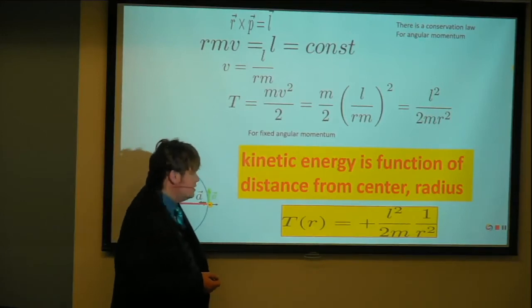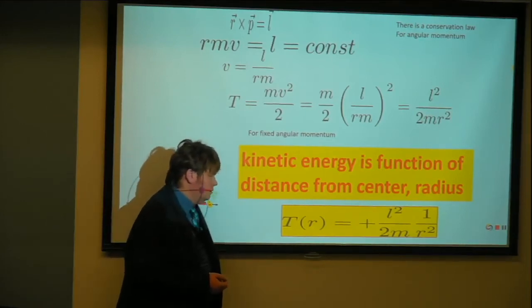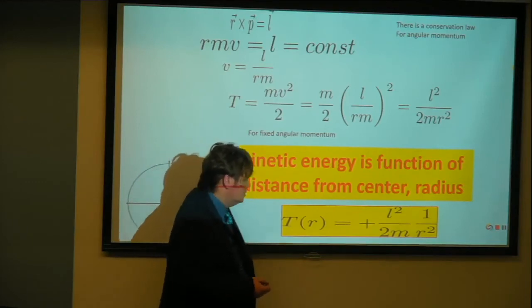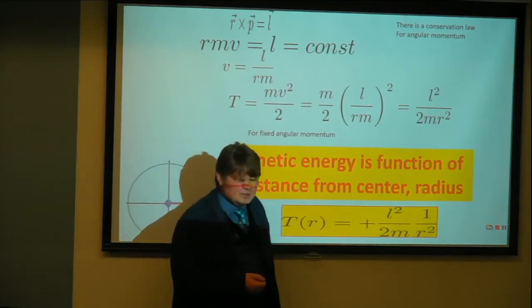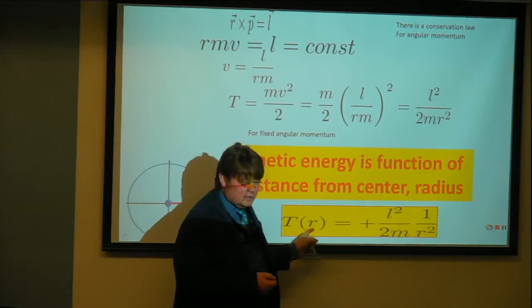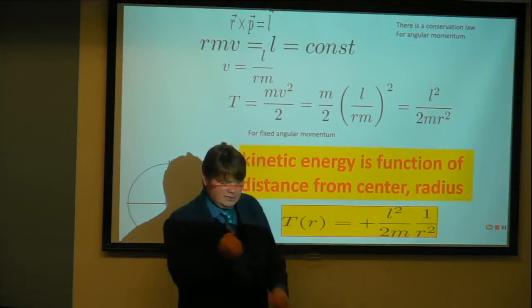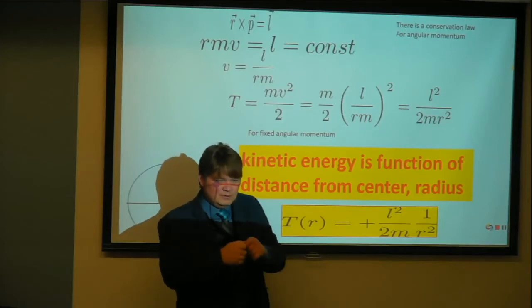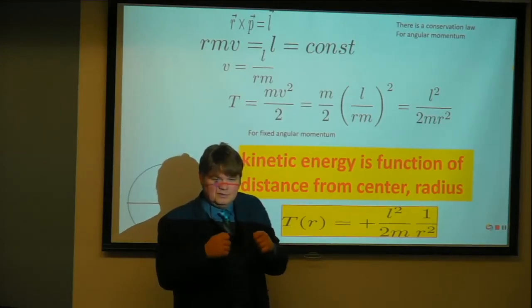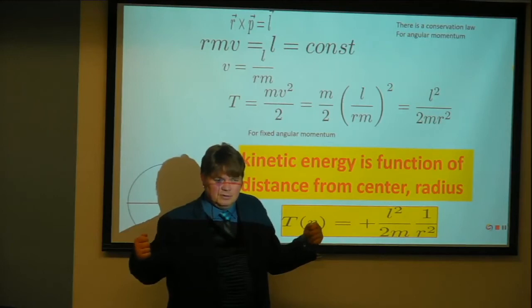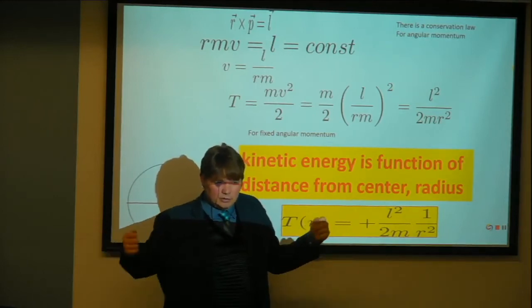What is important? We can look at this equation as a function of distance. Like I have a stone on a rope, but instead of a rope, it is maybe an elastic rubber band that can be longer or shorter.